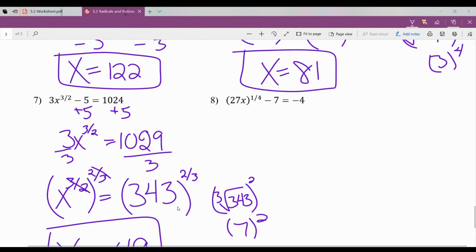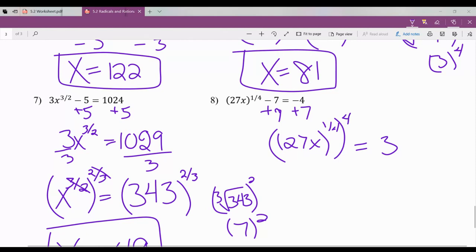Okay, last one. We're going to first get rid of that minus 7 by adding 7. So we get 27x to the 1/4 equals 3. Then this whole side is being raised to the 1/4, so I've got to get rid of that first. So I raise both sides to the reciprocal, which is 4.